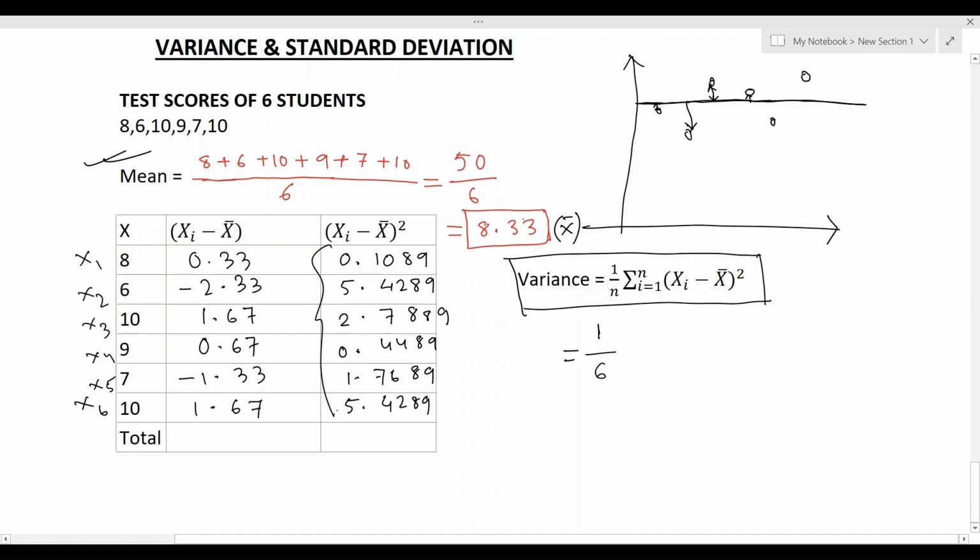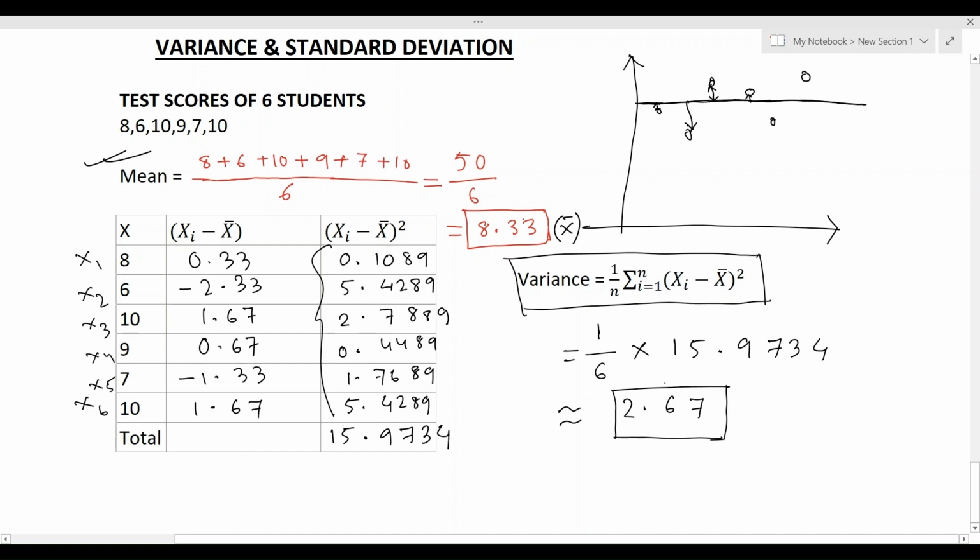And the sum is 15.9734. This gives us approximately the value 2.67. So this is the variance of our data set.